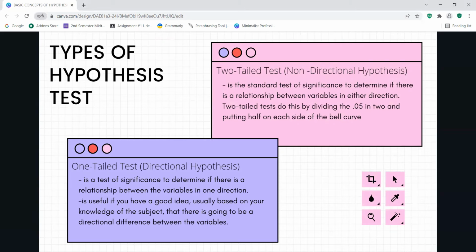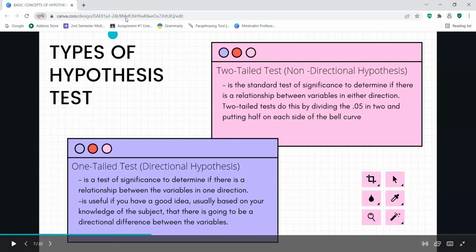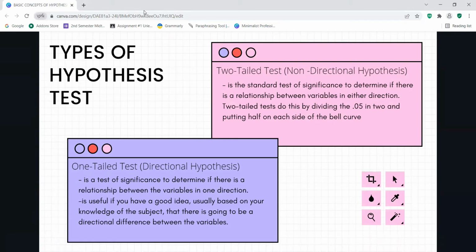So there are two types of hypothesis tests. The two types are two-tailed test and one-tailed test. For the two-tailed test, also known as non-directional hypothesis, it is the standard test of significance to determine if there is a relationship between variables in either direction.